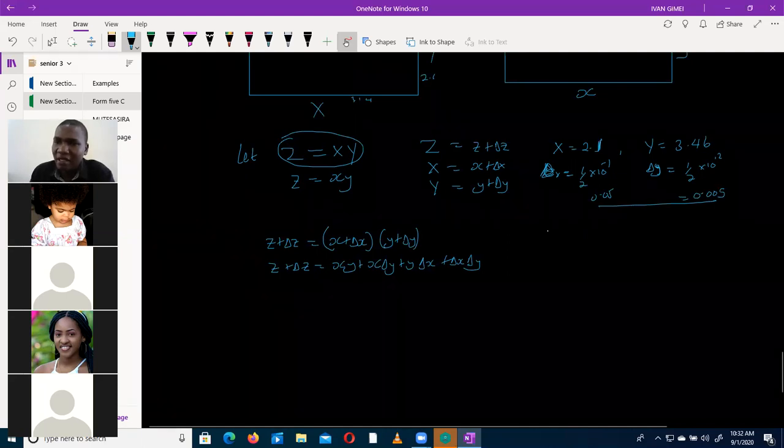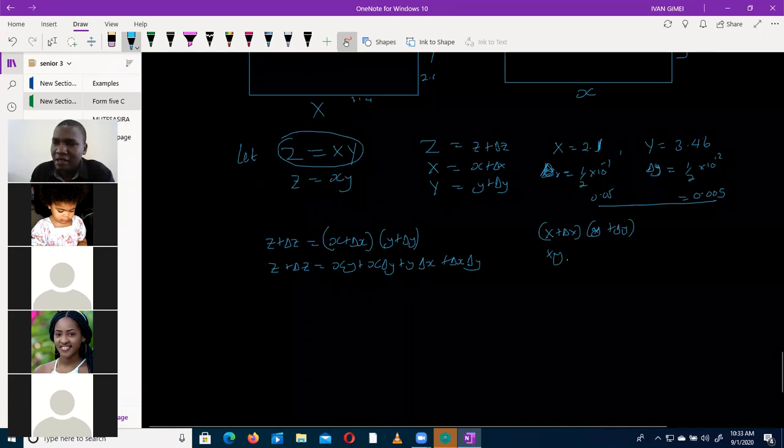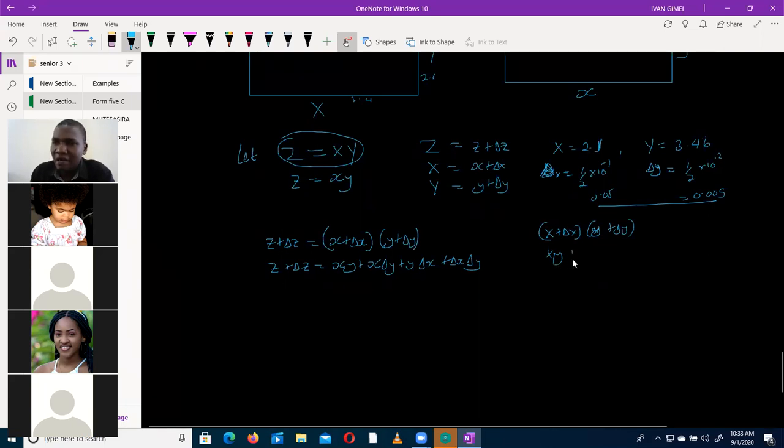Now, when you're expanding x plus dx into y plus dy, somewhere I'll have x times y, which will be this times that. Then somewhere I have x times error in y, which will be this times this, then plus y times error in x, then plus error in x times error in y.